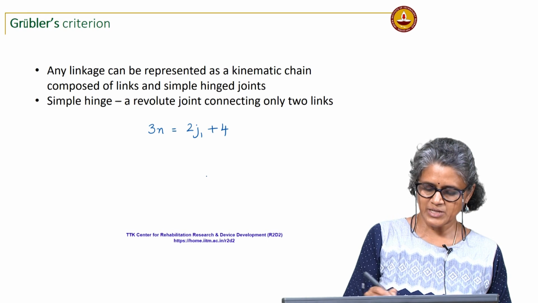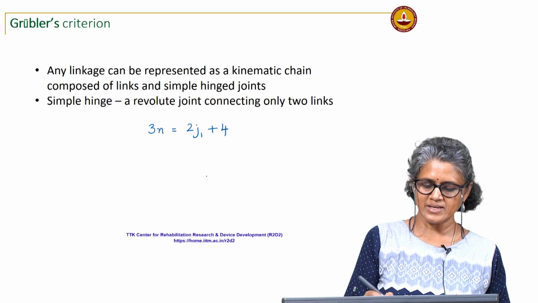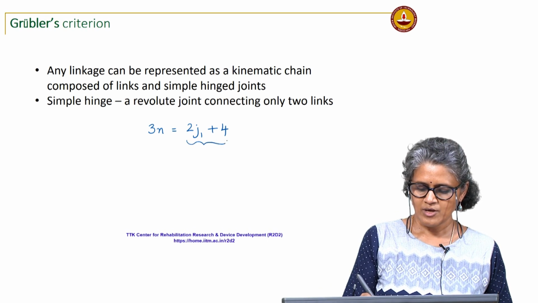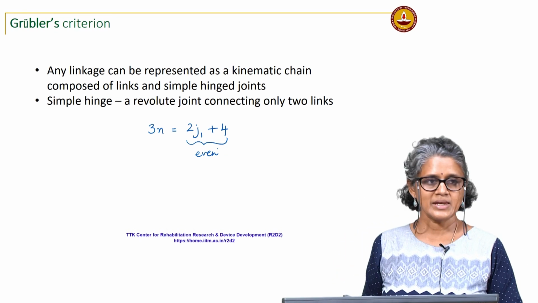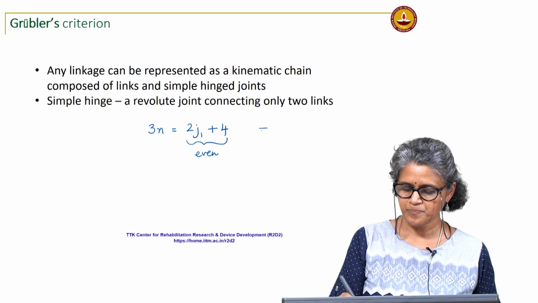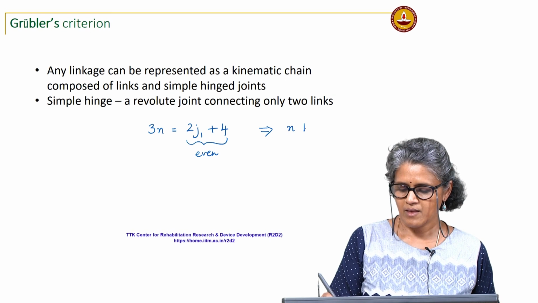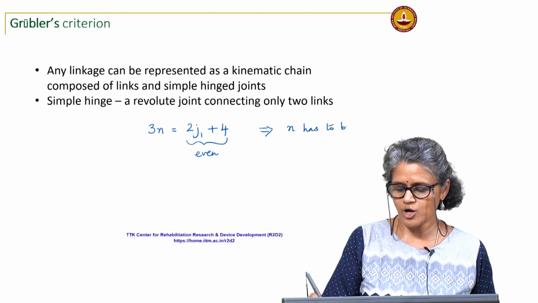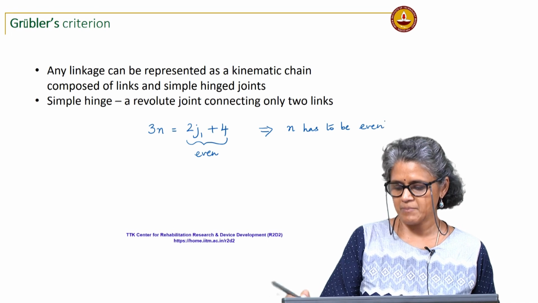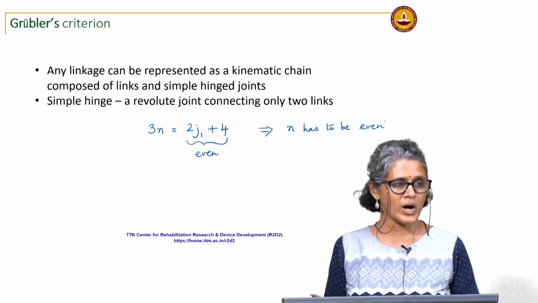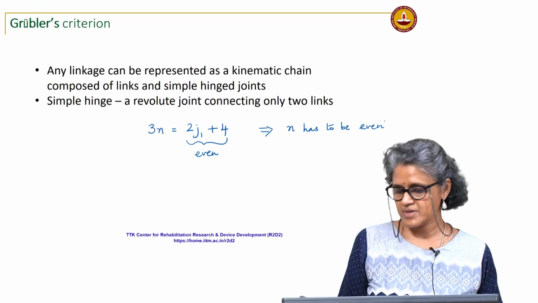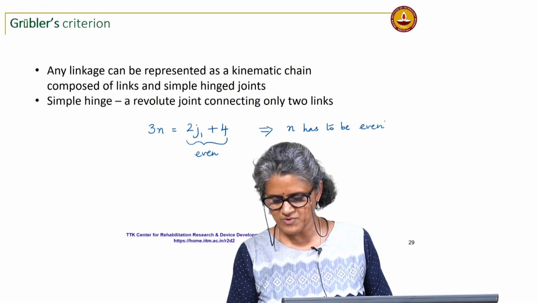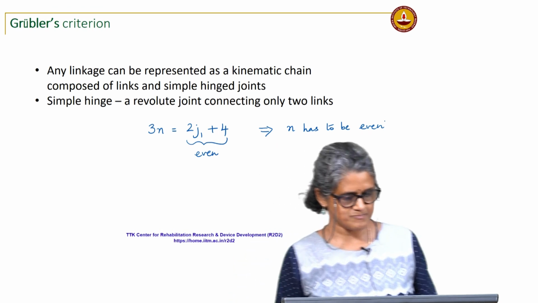The first thing we saw from Grubler's criterion is that since this number is an even number, n has to be even. So, if you want to create a mechanism with mobility equal to 1, you need an even number of links. That is the first observation.